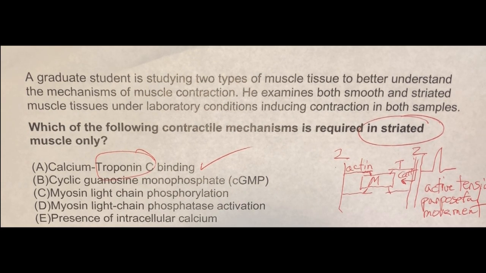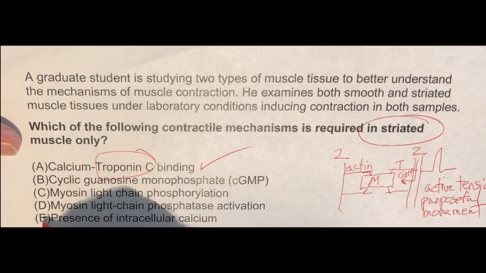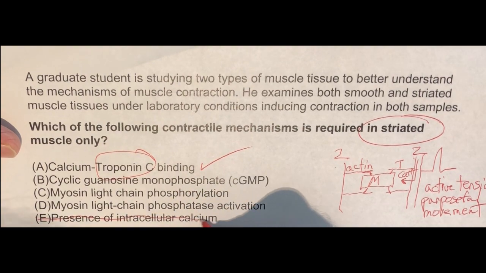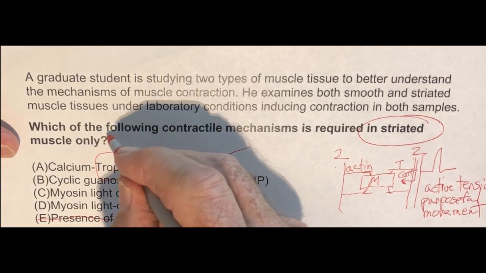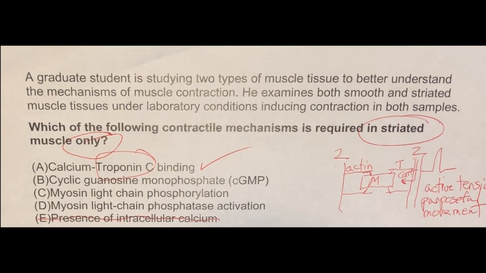Smooth is another type of involuntary muscle, in addition to the striated cardiac muscle. Now, what about the other choices? So we can eliminate E because it's present in all, and here, this question is asking striated muscle only, meaning skeletal and cardiac.